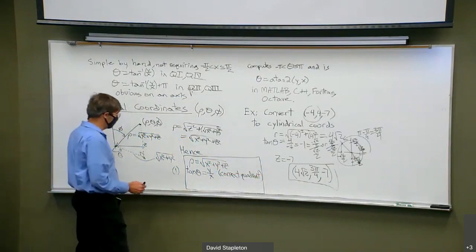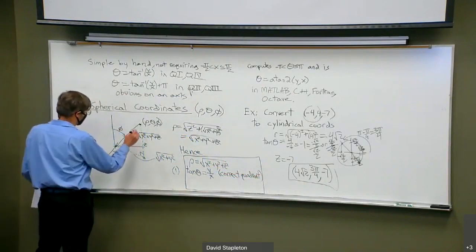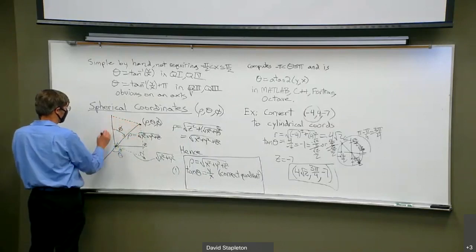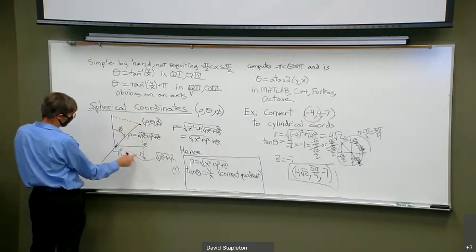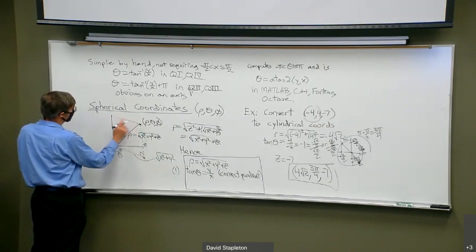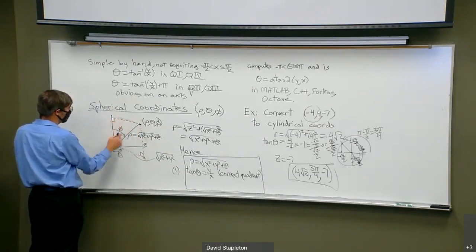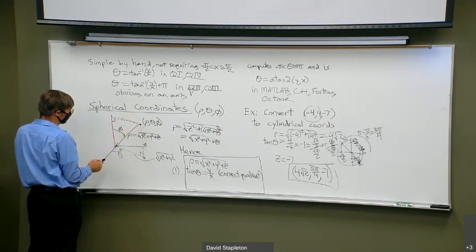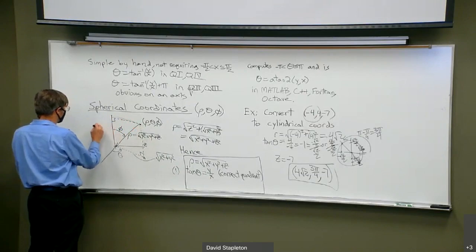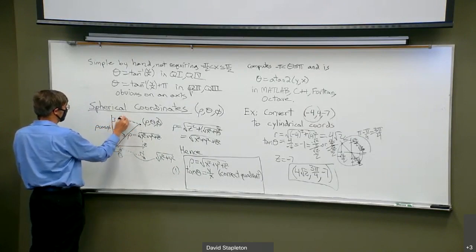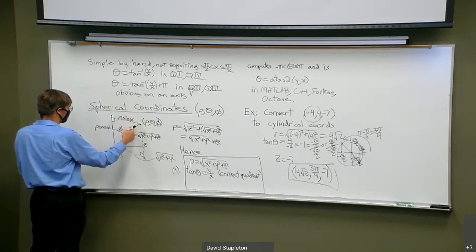And now phi, what are we going to do with phi? Well, if we drop this perpendicular back to here, parallel to this one, now I've got a right triangle right here. And since this is rho and this is phi, by trigonometry, this must be rho cosine phi, so that this over this is cosine. And this one must be rho sine phi, so that this over this is sine.